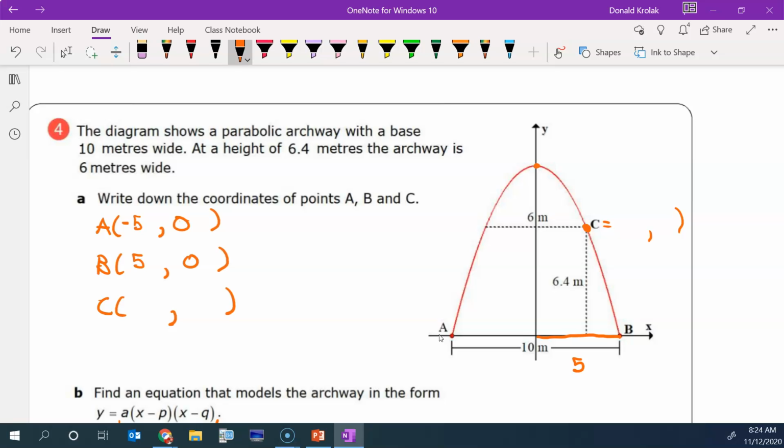So what do you know about this length? If the whole thing's 6, right? So the x coordinate of this thing is going to be 3. Okay, and what's the y coordinate? Right.